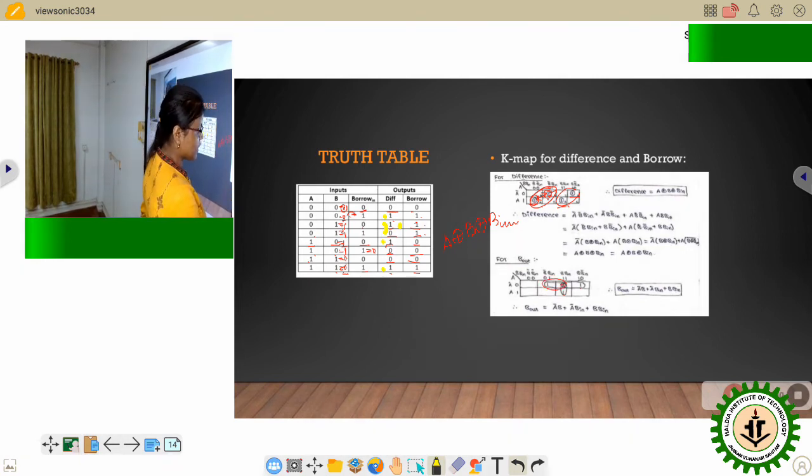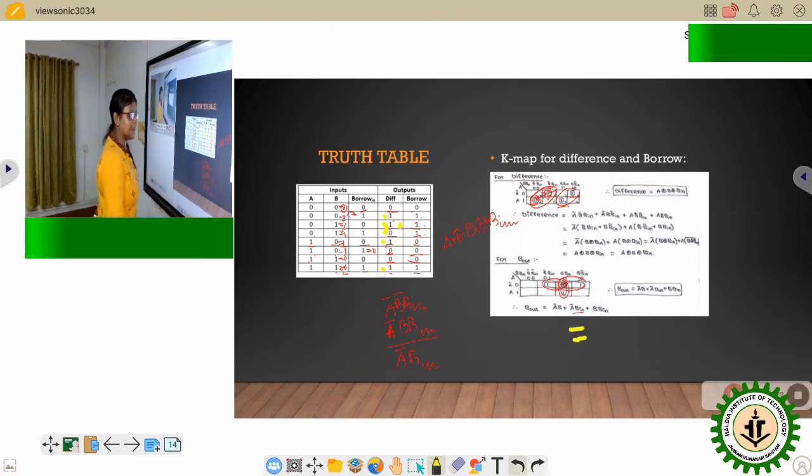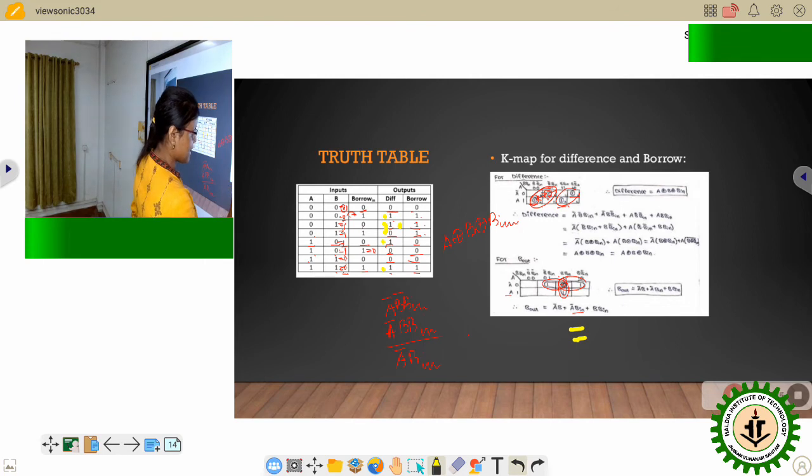When we unite them, we get the answers: A bar B in, then A B in, and then A bar B. So the result is A bar B plus A bar B in plus A B in.